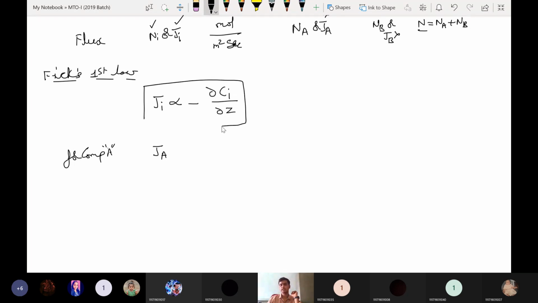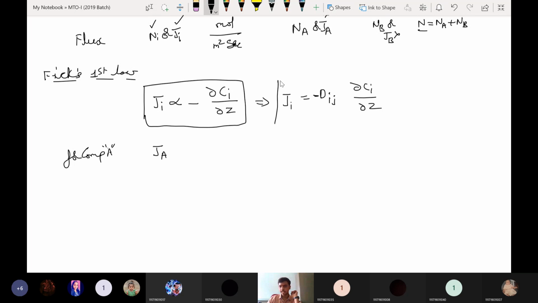The proportionality constant in this equation is DAB, or DIJ we can write, since only two components are there. The minus sign is there already, so I am writing it here, then dou Ci by dou z.